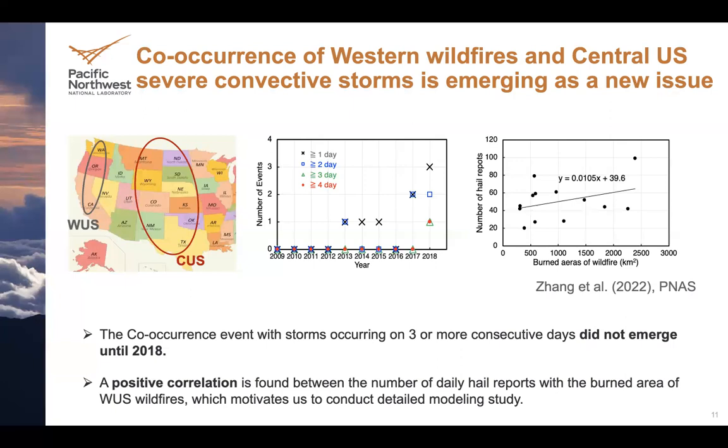So with all the above, this motivates us to conduct a detailed modeling study of this event in 2018.